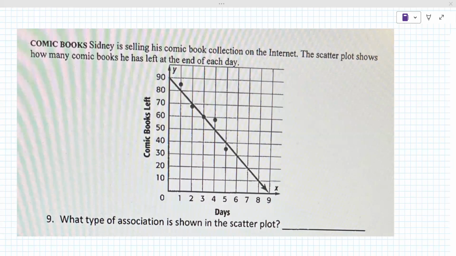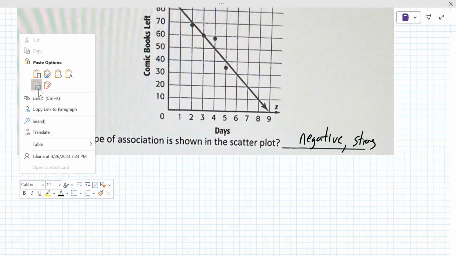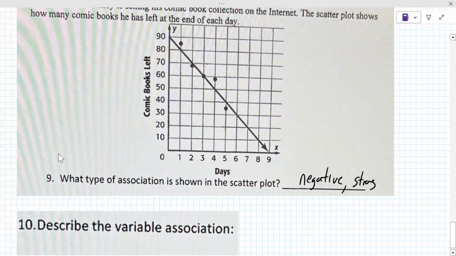All right, so for number 9, the correlation would be negative, pretty strong. So it's comic books left and days.